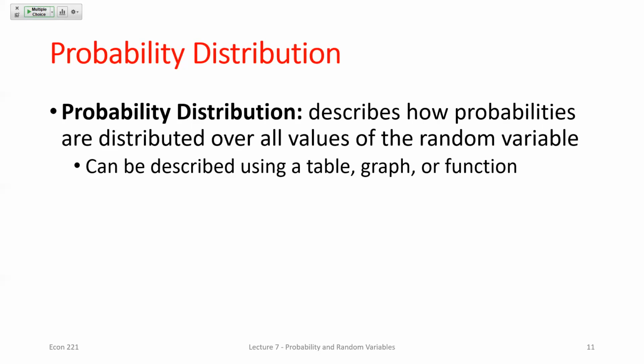So ultimately, it's going to look almost identical to what we were doing with relative frequencies and graphing those as our histogram. But it's just the different possible outcomes in the future and their associated probabilities.